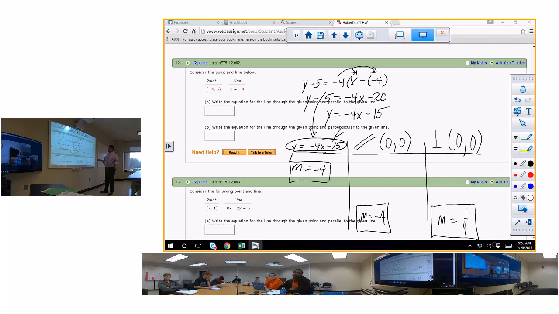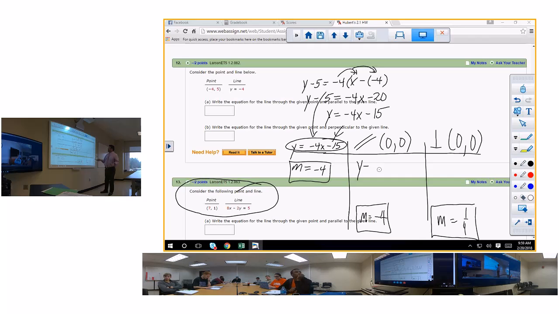The way it's usually written, they give you an equation and they give you a point. But in this case, I think they're wanting you to use the same point over. But I'm going to use a different point. I'm showing you how to do the procedure, not how to do this exact question.